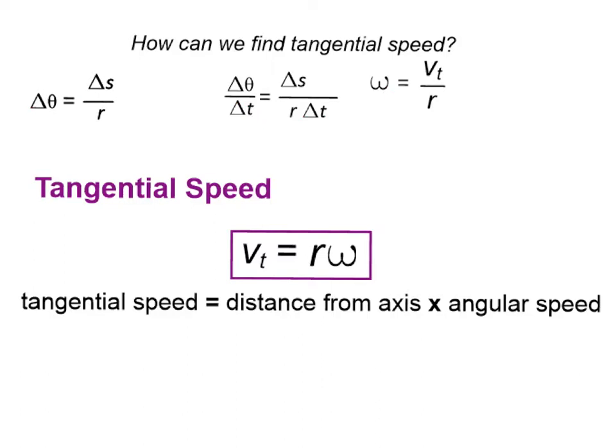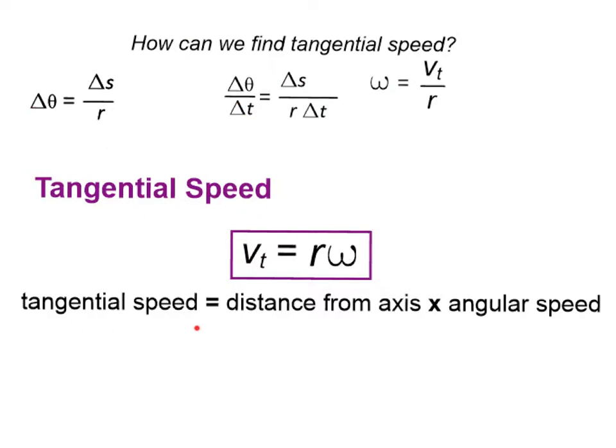We also know that delta S is a linear distance. So when we have delta S divided by delta t, that's linear speed along an arc length. If delta t is really, really short, then delta S is so small that it is nearly tangent to the circle. Therefore, the speed is the tangential speed. So we can rewrite our tangential speed equation right here.